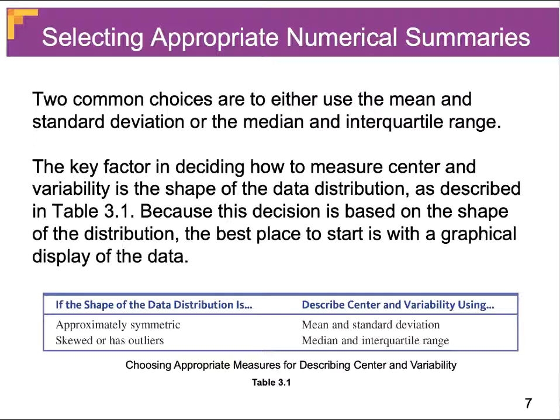Whereas for the median and the interquartile range, the outliers are not directly involved in the calculation for the median. And we'll see here in a minute how we calculate the mean and the median, and so you'll see why those outliers don't affect the median, but they would affect the mean.